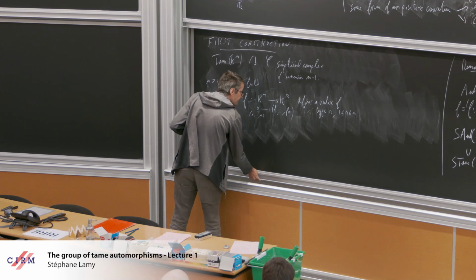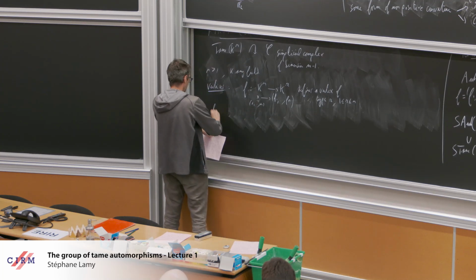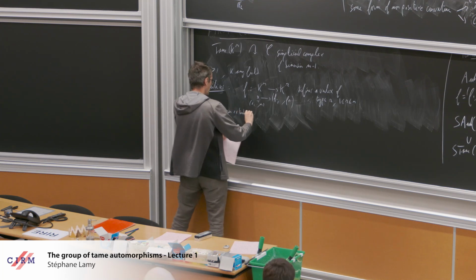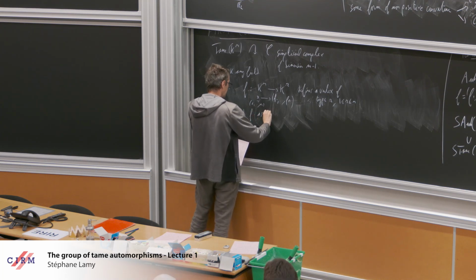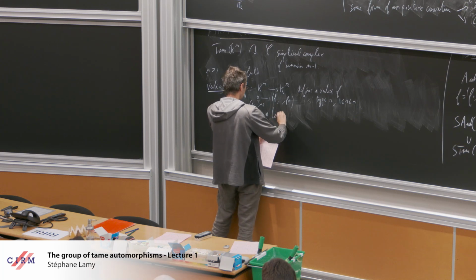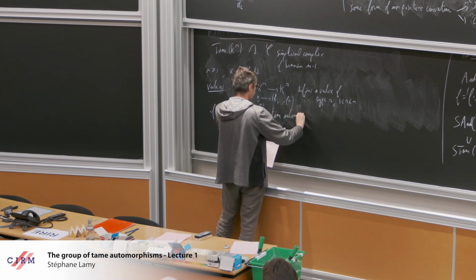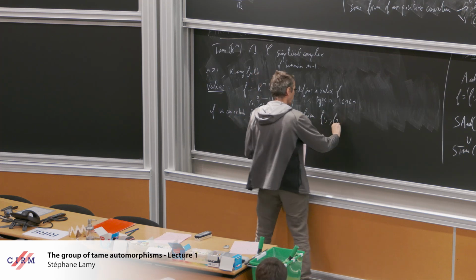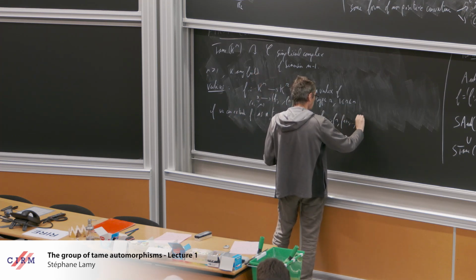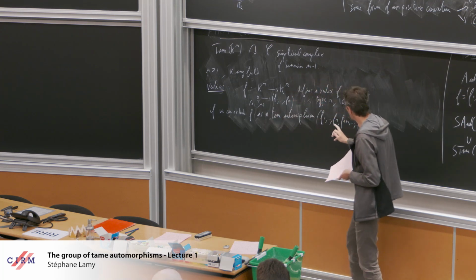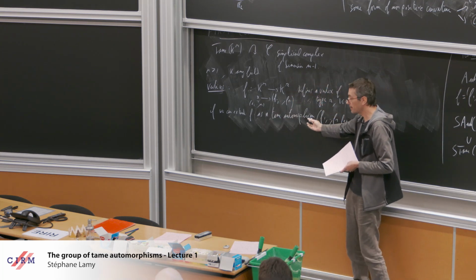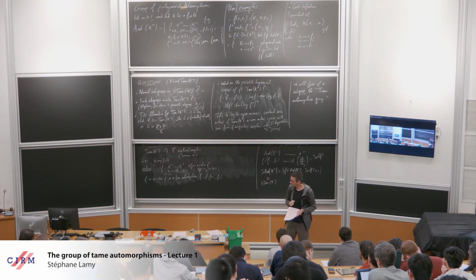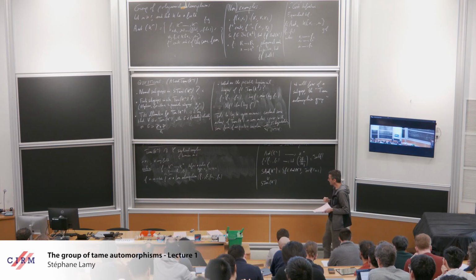So if we can extend F as a tame automorphism, so F1, ..., Fr, and then you add some polynomials up to Fn, and it really becomes a map from K^n to K^n, invertible and tame, then I claim that my first r components are a vertex of type r.